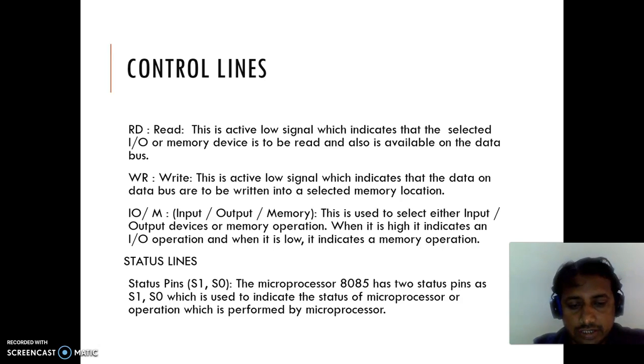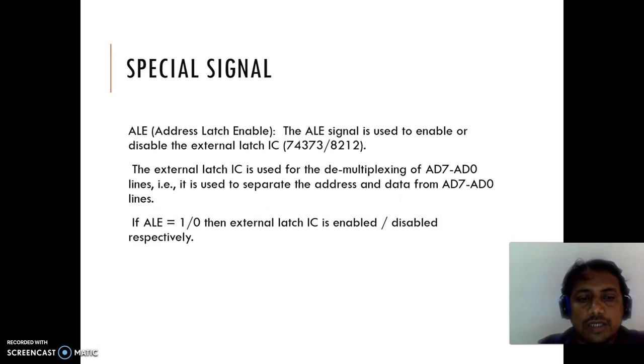Then in this pin configuration, you will have the lines read, write, and IO or memory. Whether you are going for an input or output device or for memory is decided by this line. Then these 2 lines, S0 and S1, give the status of the microprocessor, the operation being carried out by it.